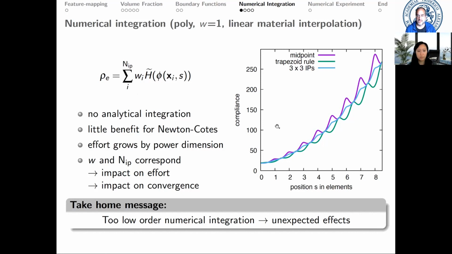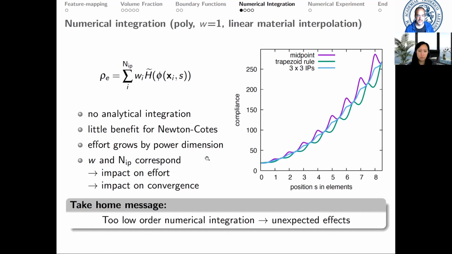And when we apply this to the polynomial function with pure integration, midpoint, trapezoidal rule, and 3 times 3, we again have a very non-monotonic effect, which we wanted to get rid of by using this boundary shape function. It's almost close to what we have for the step function, only by having too poor a numerical integration.